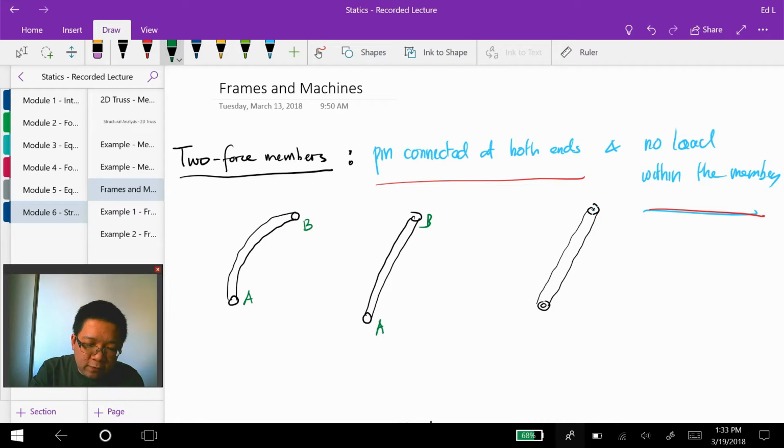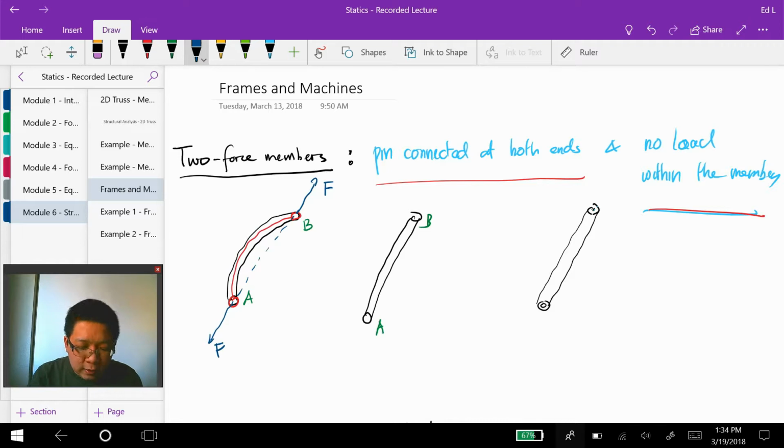So for example, if I have this member that has an arc shape and is pin connected at B and A right here, then I know the connection forces at A and B have to be collinear. So if this is F, then this is F.